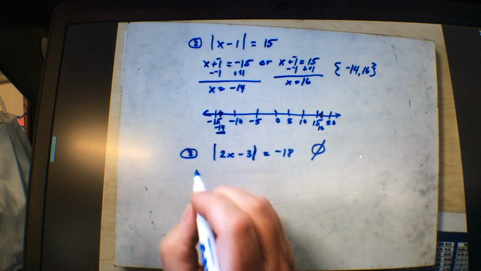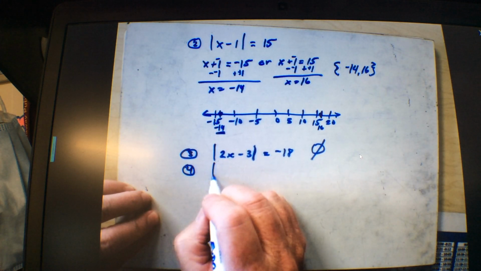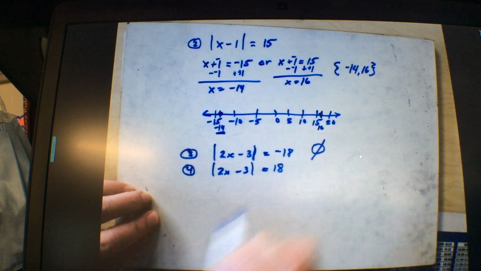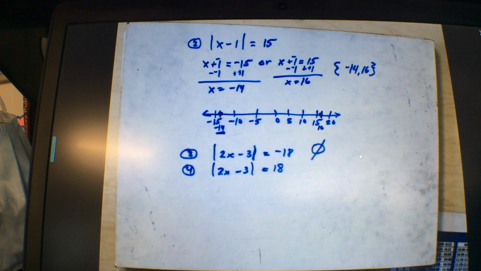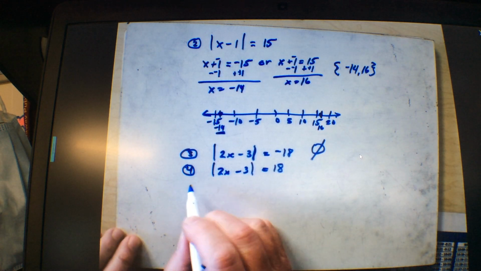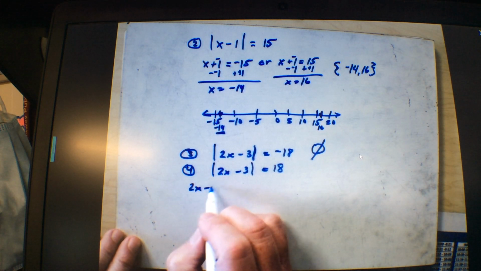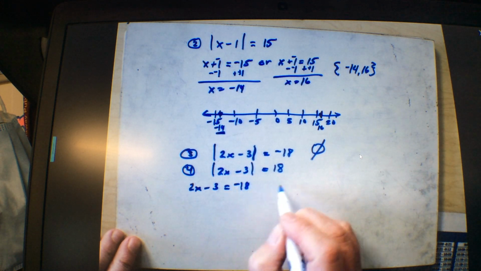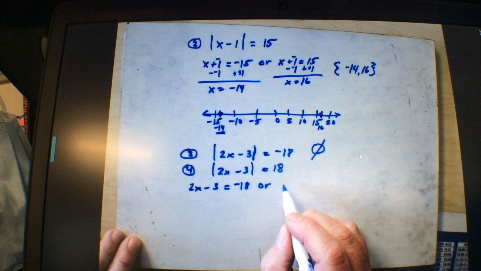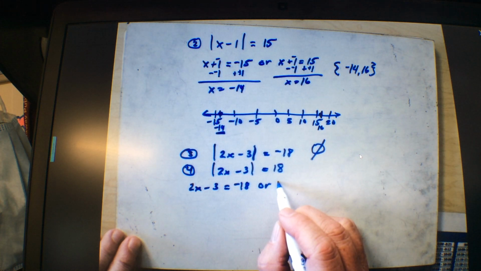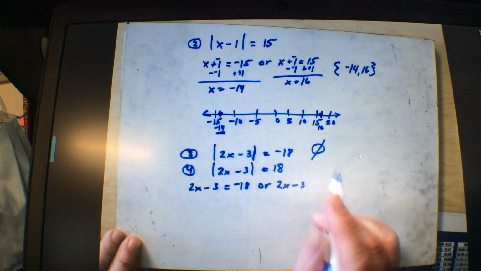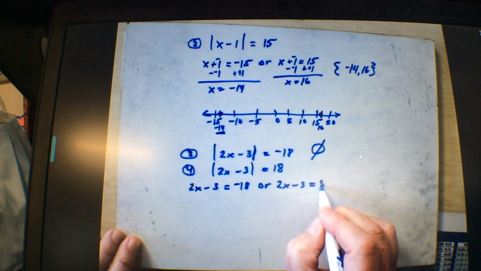Okay, Ashley, what Ashley was trying to do was this problem. That's a totally different problem, isn't it? So let's do this one, Ashley. You said I have 2x minus 3 equals what? Negative 18. And then, or what, Ashley? It's 2x minus 3 equals 18. Braxton, do you understand that?